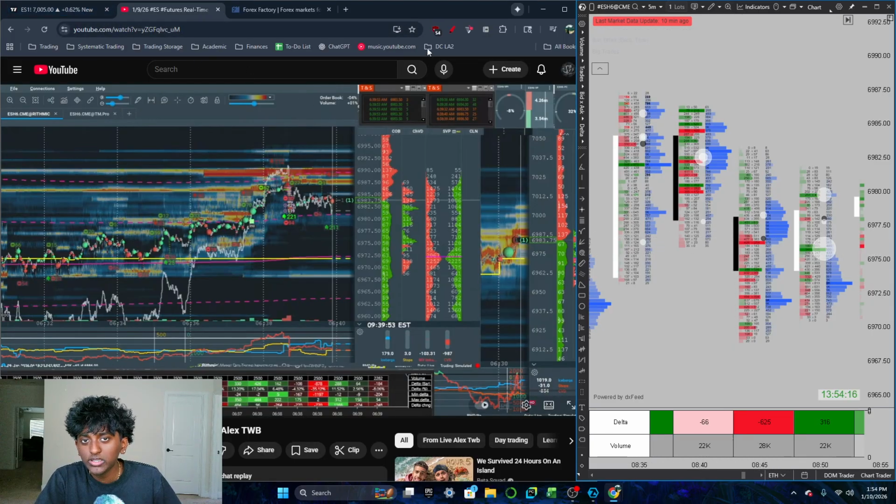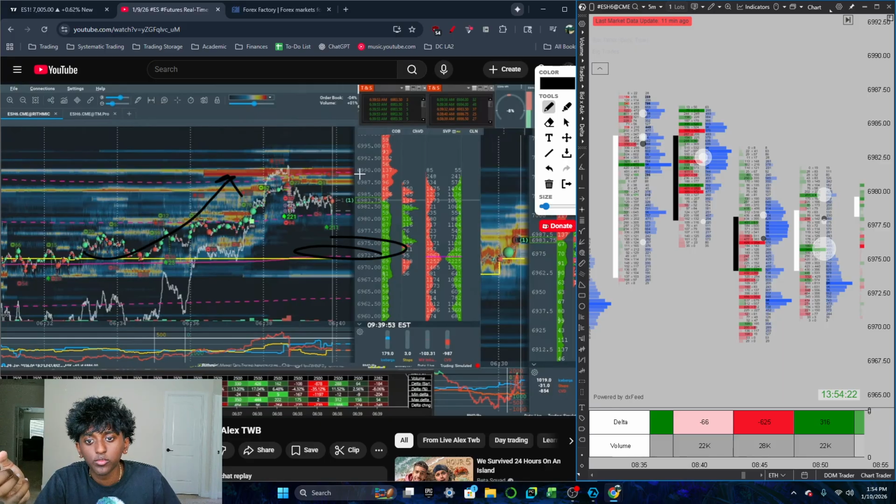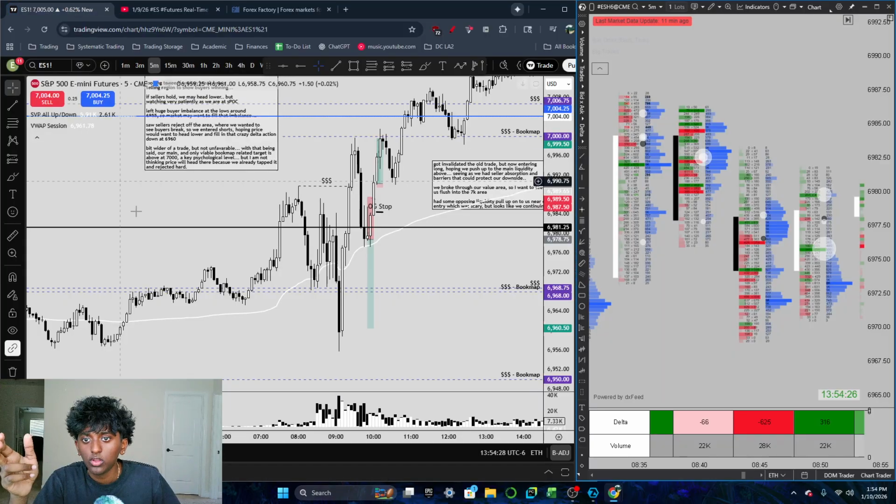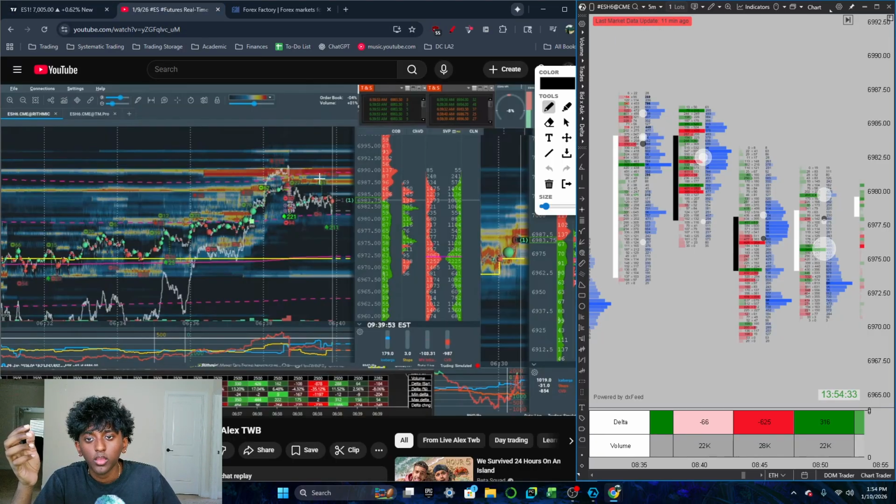But let's say we entered, and what would be our confluences for this trade? First, we're deviated from the high volume node and VWAP for the day.